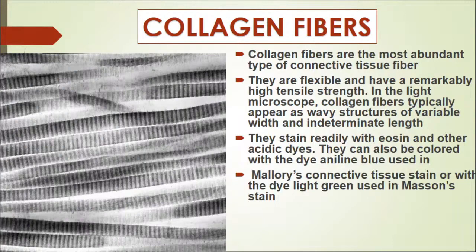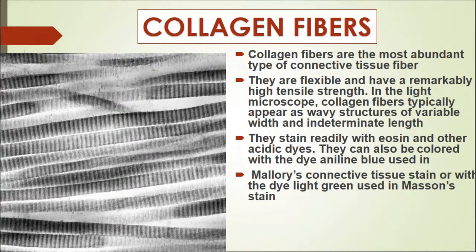So let's talk about collagen fibers. The collagen fibers are the most abundant type of connective tissue fiber. They are flexible and have a remarkably high tensile strength. In the light microscope, collagen fibers typically appear as a wavy structure of variable width and indeterminate length.